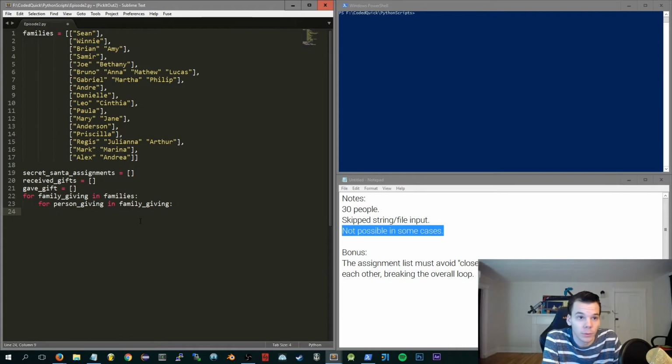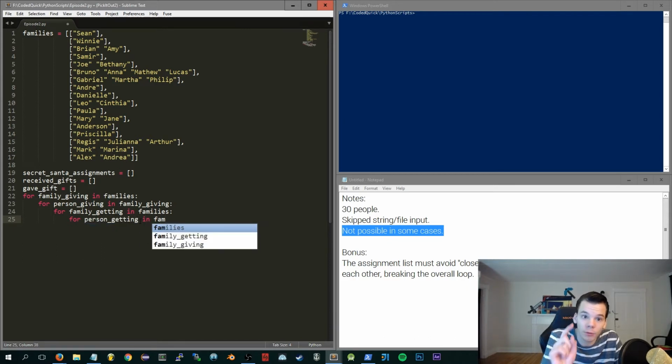For that, we're going to basically loop through families again. We're going to call this family getting. These are the people who are getting the gifts. And for person getting in family getting, now a lot of red flags are probably going off with this code right here, and we're going to talk about that in a minute.